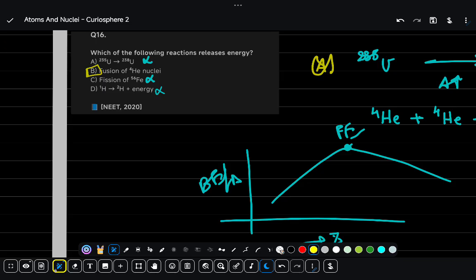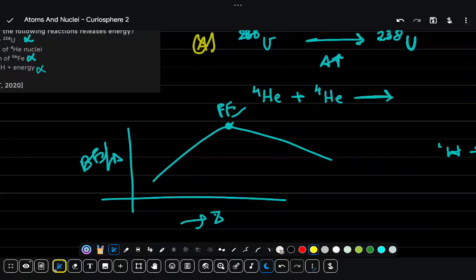Okay, it seems not two helium nuclei but 3 helium nuclei fuse together to give a carbon-12 atom. It's because carbon-12 is more stable in nature, so helium plus more helium will give carbon-12 plus energy. See, it releases energy.